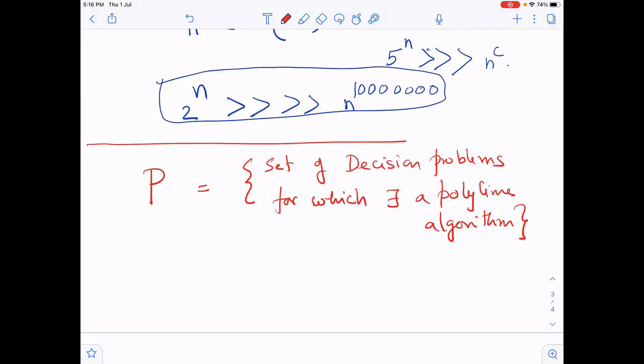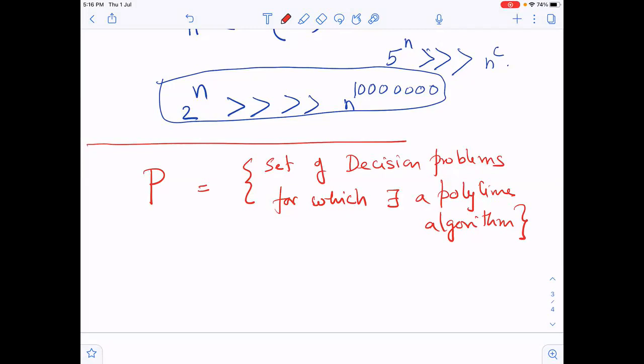If you ask different people in different areas of computer science, they will say different things about what is implementable or practical. For people who work with cutting edge high computing and machine learning, anything worse than linear is bad.